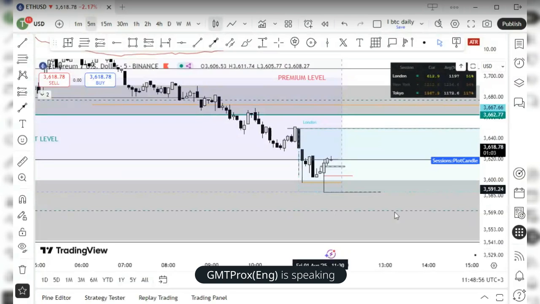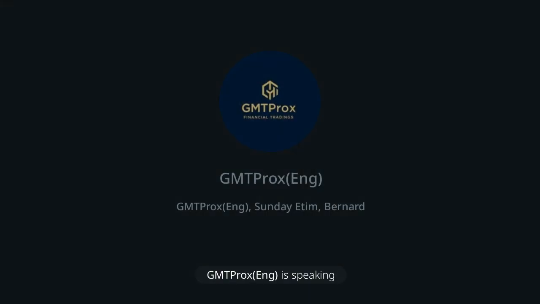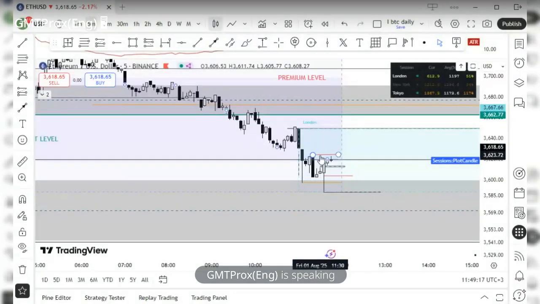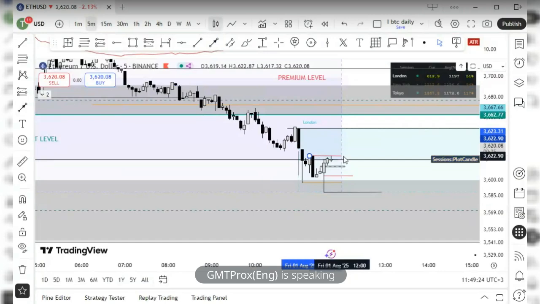If this was our last liquidity grab, then this was our high. So this high has to be taken. Okay. For a change of character to happen, you need at least 2 break-offs of structure, at least 2 breakouts to confirm that there is a change of direction of the market.